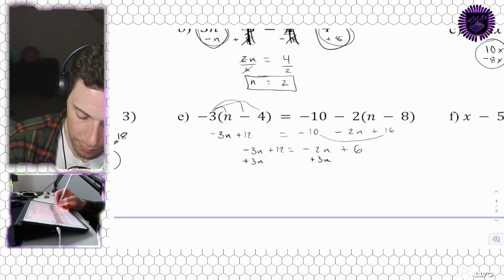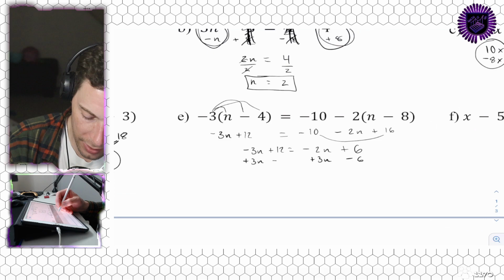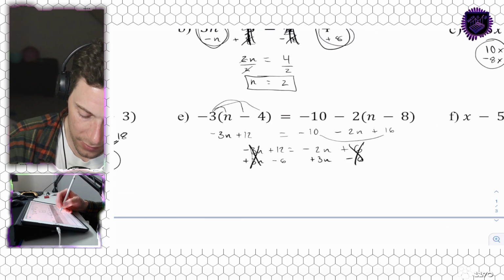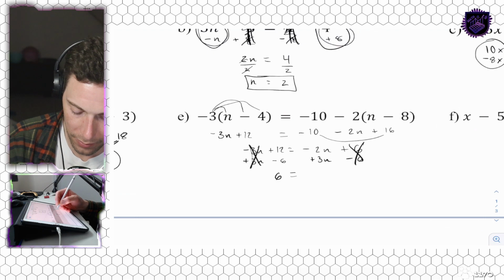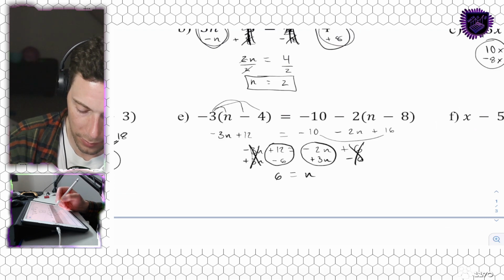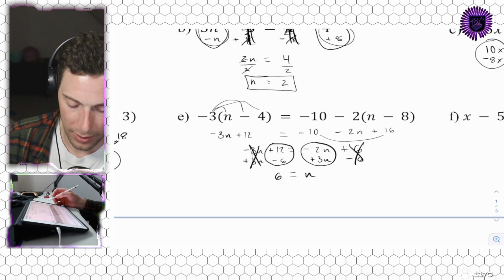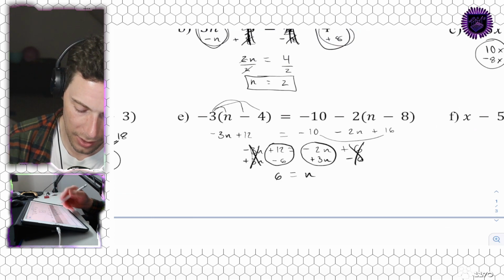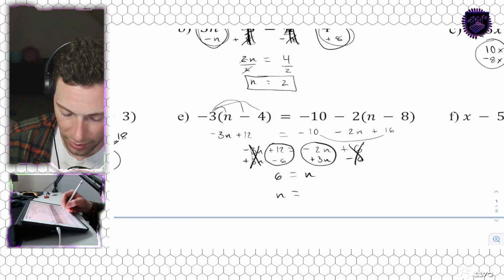And then let's go minus 6, minus 6. That hard cancels, that hard cancels. And it leaves us with 6 is equal to n, right? Because this here and this here are what we're working for. 6 is equal to n. Negative 2n plus 3n is n. 6 is equal to n. n equals 6.